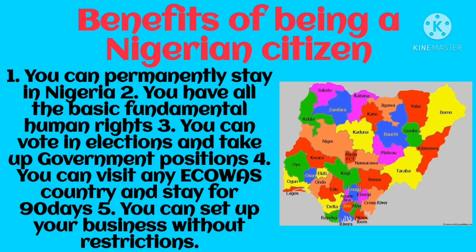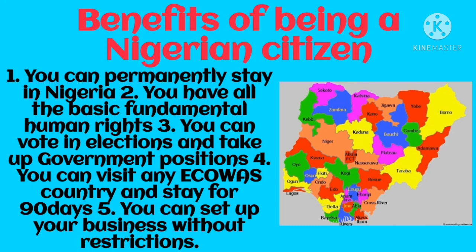Now, benefits of being a Nigerian citizen. First, you can permanently stay in Nigeria. You have all the basic fundamental human rights. You can vote in elections and take up government positions. You can visit any ECOWAS country and stay for 90 days. You can set up your business without restrictions.